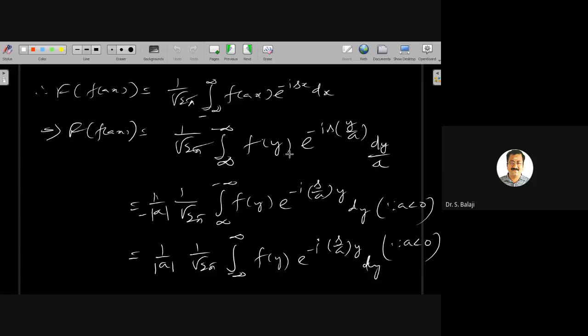The same substitutions, but only one change here.